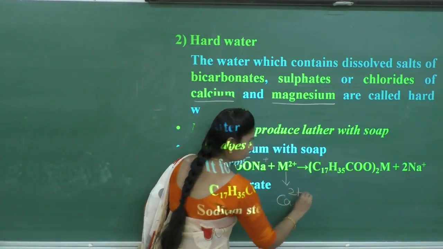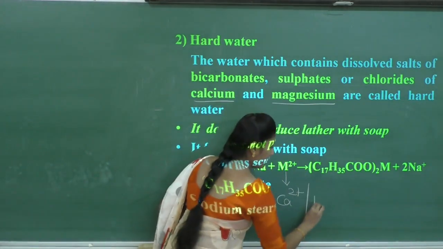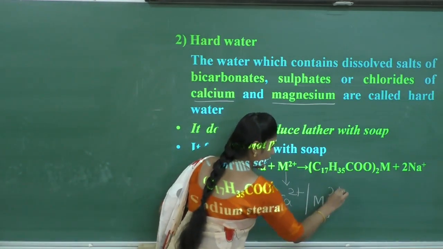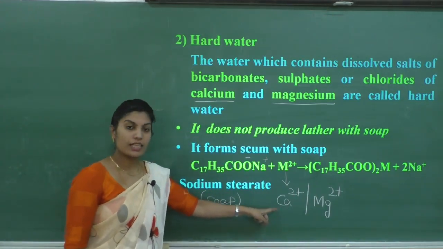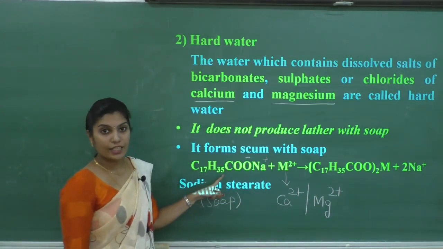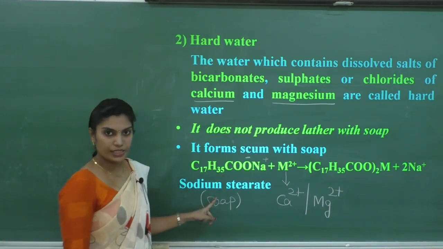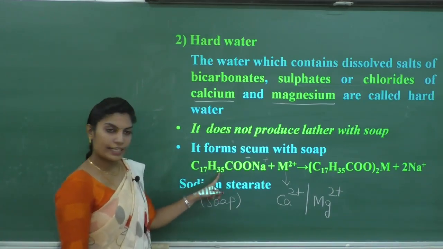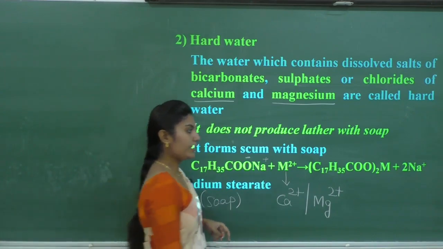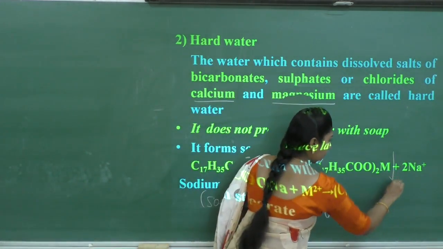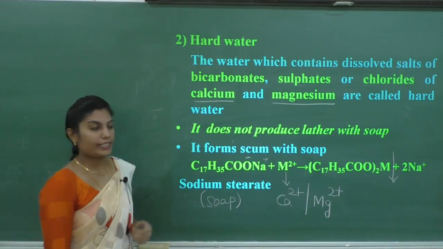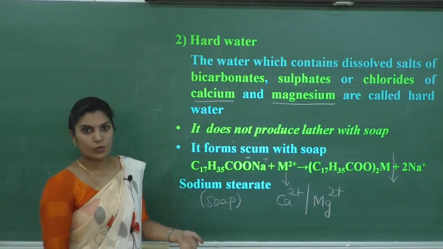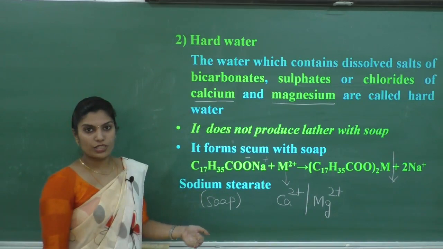It may be Ca2 plus or Mg2 plus. These cations present in the hard water react with the anions of the soap and form a precipitate, and release the sodium ions in the solution.